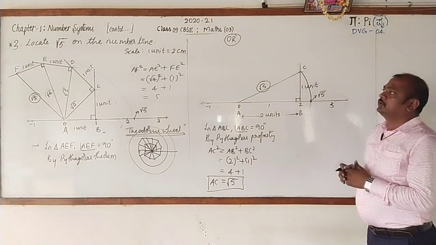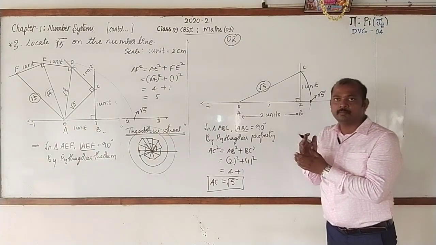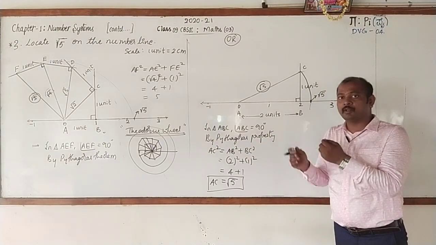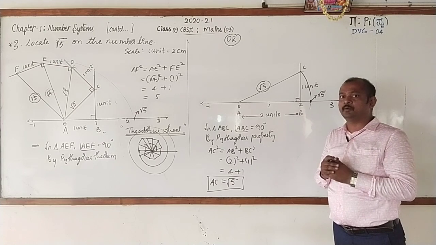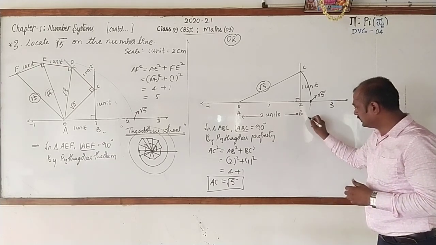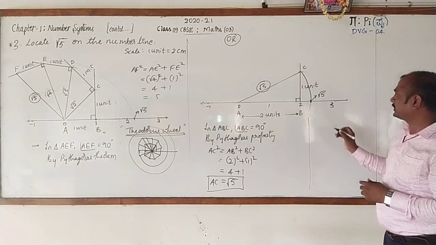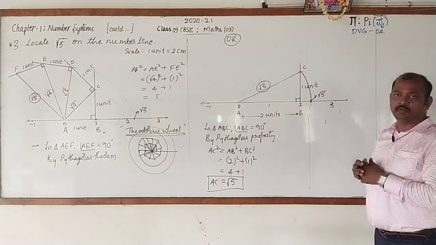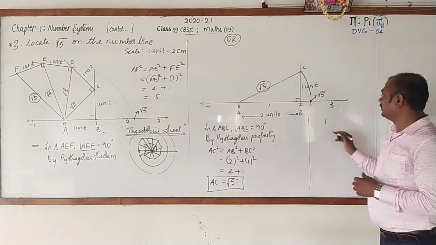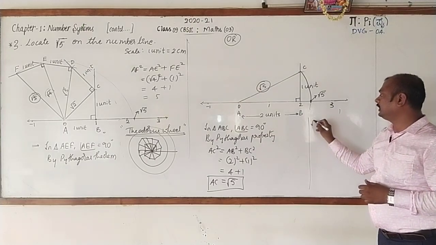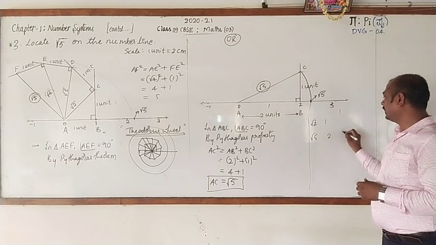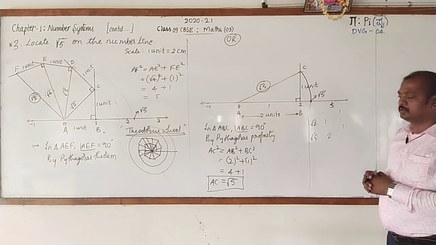Now, this is the method we can use for locating some more numbers which are in particular form. I'll tell you that. See that for representing root 2, you took 1 unit and 1 unit. Then for representing root 5, you took 2 and 1 unit.